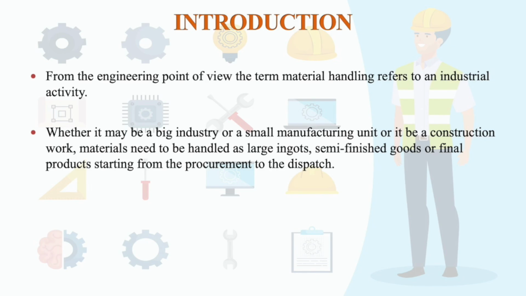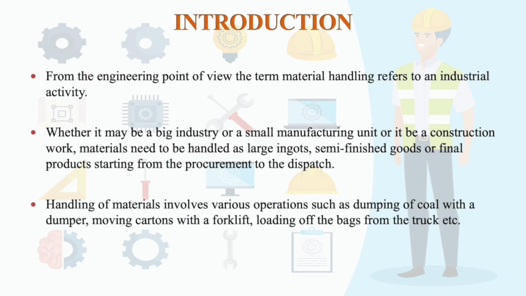Materials need to be handled as large ingots, semi-finished goods or final products, starting from procurement to dispatch. Handling of materials involves various operations such as dumping of coal with a dumper, moving cartons with a forklift, loading of bags from trucks, etc.